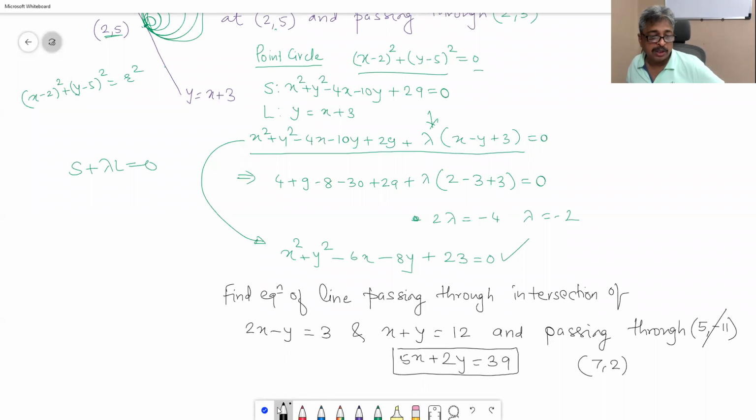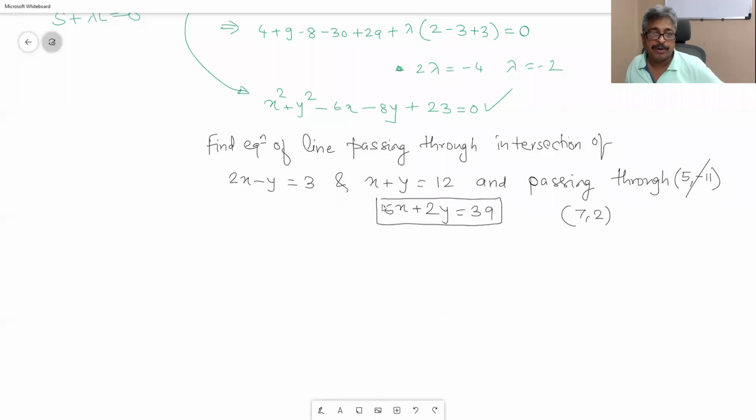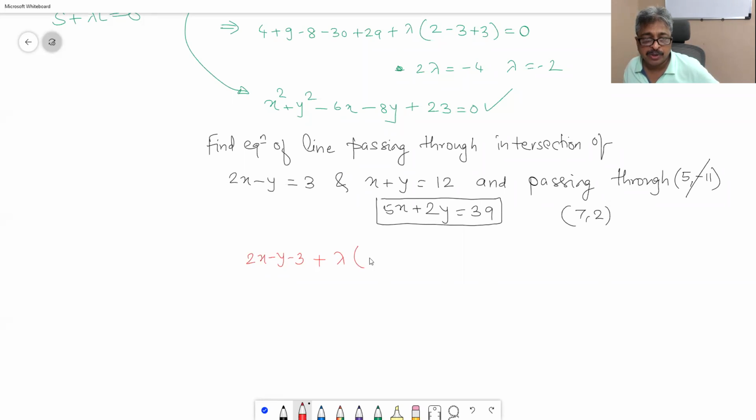Let me show you how to do this using the previous theory. You must have found out the point of intersection and found out the equation of the straight line passing through those 2 points. But now, suppose I don't want to find out the point of intersection. I say like this: 2x minus y minus 3 is my one line plus lambda times x plus y minus 12 is equal to 0.